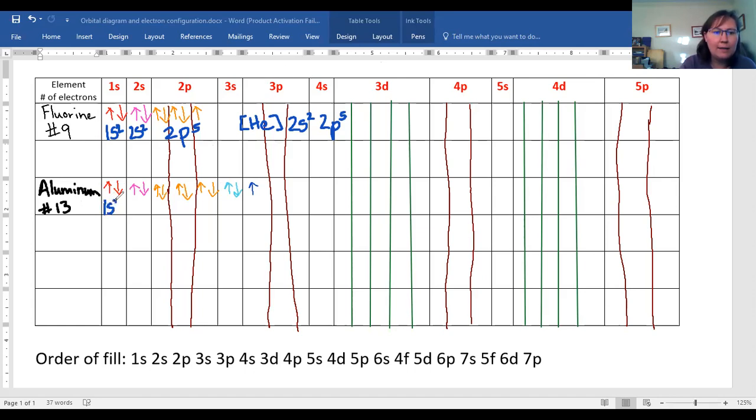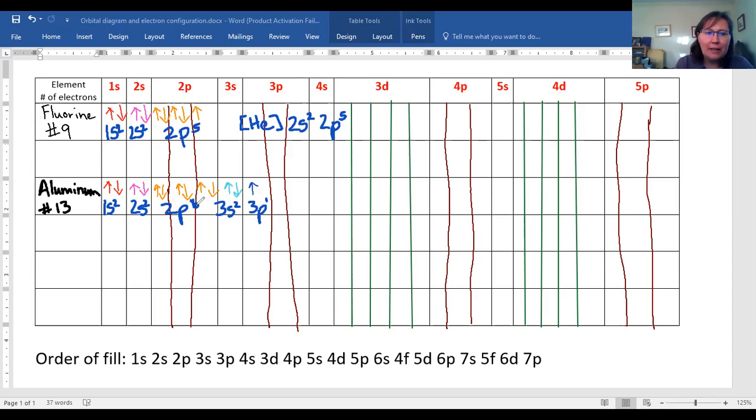We have 1s2, 2s2, 2p6, 3s2, and 3p1. Okay. Now, if we talk about our noble gas configuration, see this 2p6? That 2p6 goes with neon.